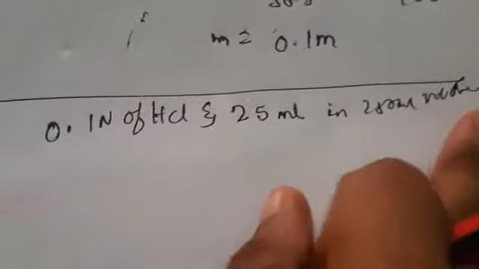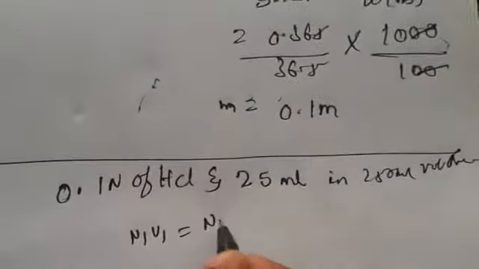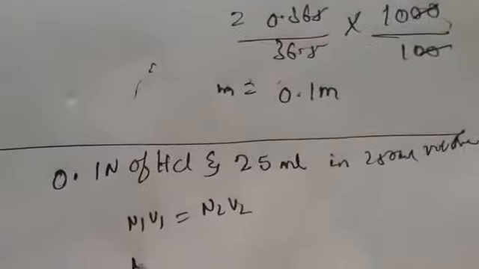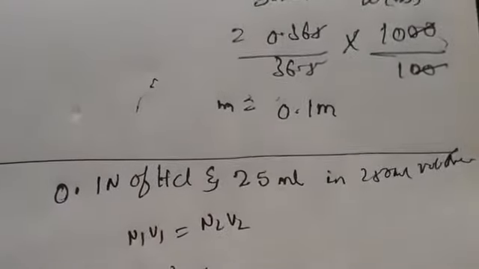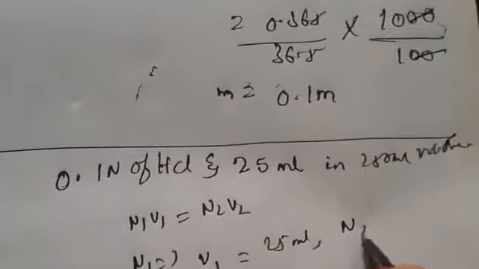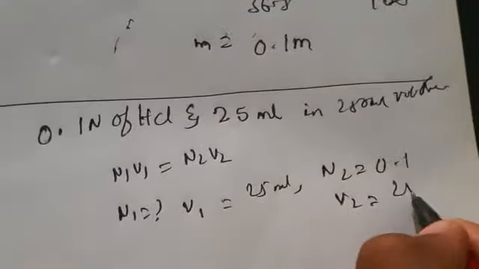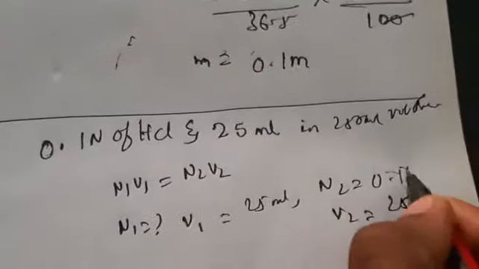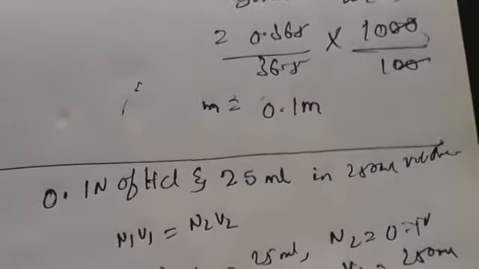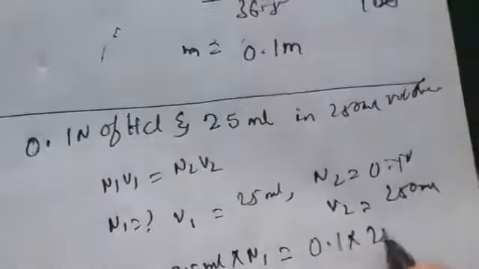So here he has given two volumes and one normality. So for example, N1V1 equals N2V2. What will be N1? We don't know. V1 is 25 ml, N2 is 0.1, and V2 is 250 ml. When you substitute these values in the formula, you get 25 ml into N1 equals 0.1 into 250.